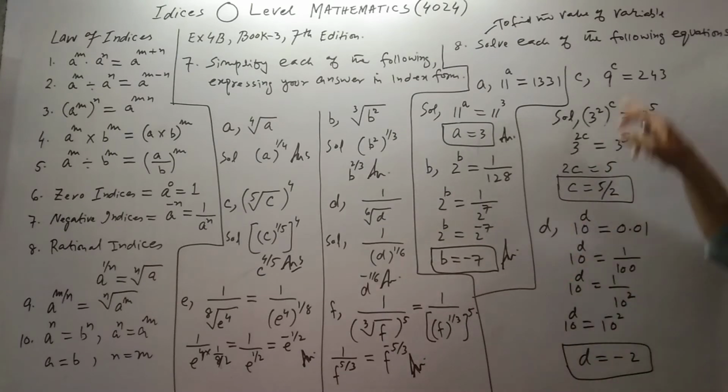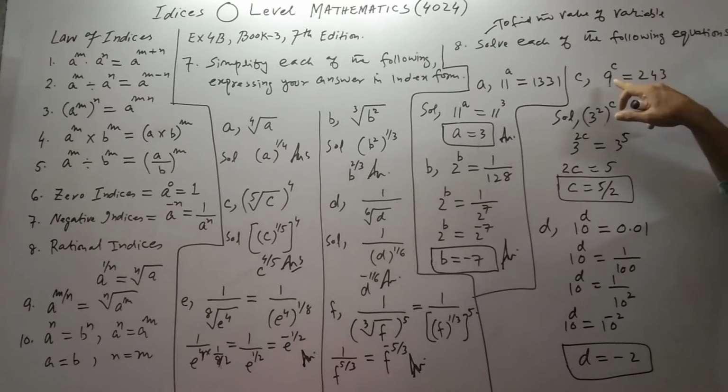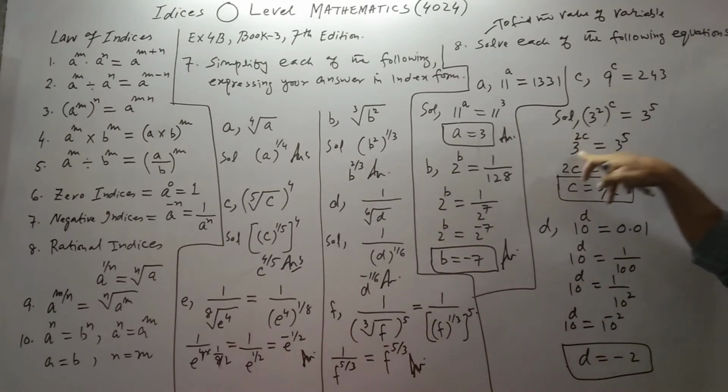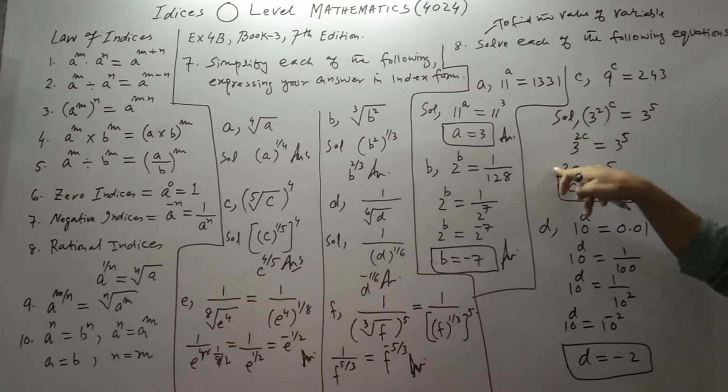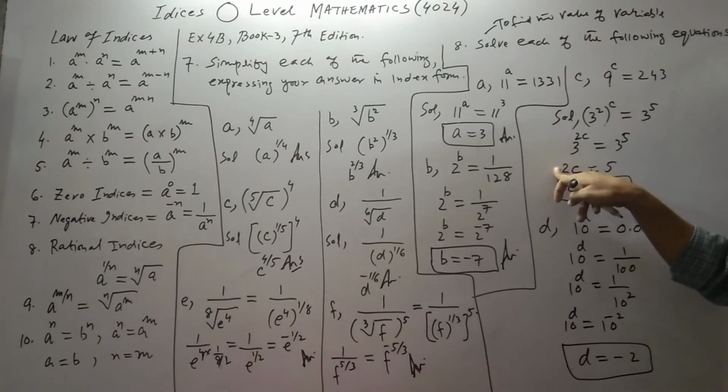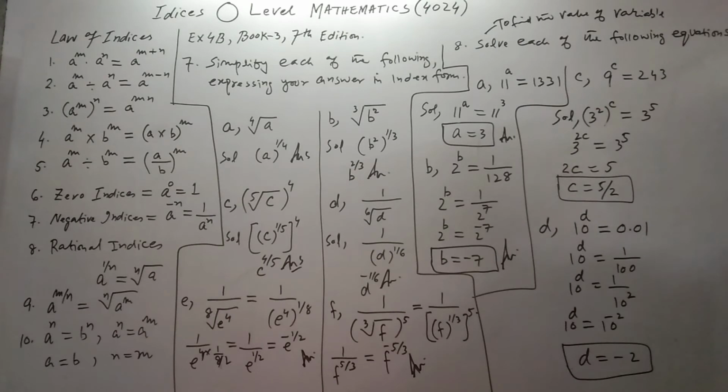So for this kind of question, if we can't convert the given number into 9, we convert both the numbers into a number which is the same on both sides. So if bases are the same and middle signs are equal, then the powers are equal. 2C is equal to 5, so C is equal to 5 by 2. This 2 is multiplied over here, so it should divide on this side. So C is equal to 5/2, this is our answer.